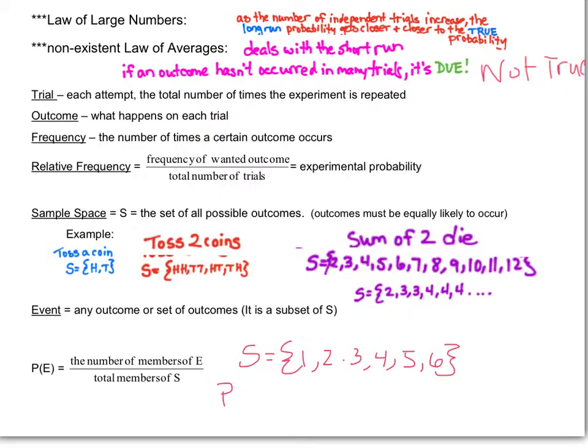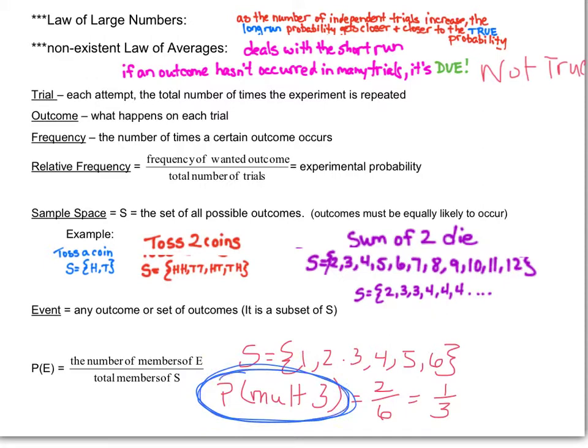And let's say I ask for P of multiple of 3. So this is asking for what's the probability of getting a multiple of 3 when you toss a die. A multiple of 3 would mean a 3 or a 6. So there's 2 ways to get that out of a total of 6. Or you could reduce it to 1/3. But get in practice of writing your probability out as P of whatever your event is.